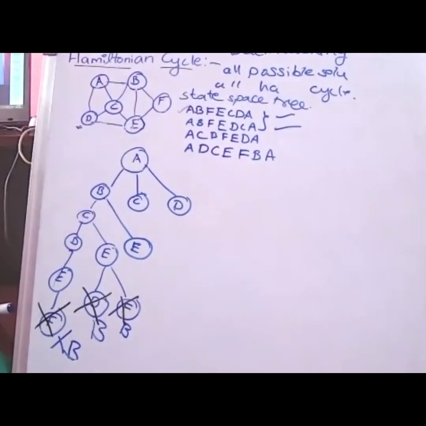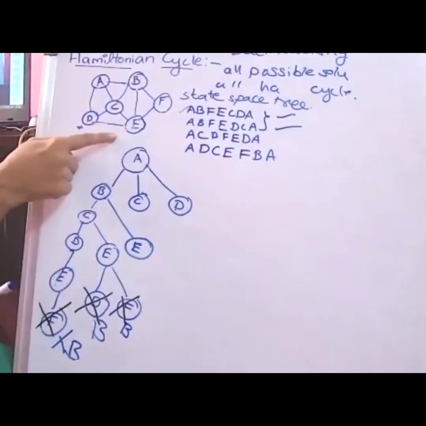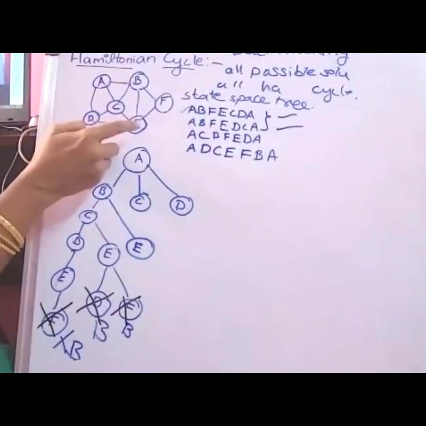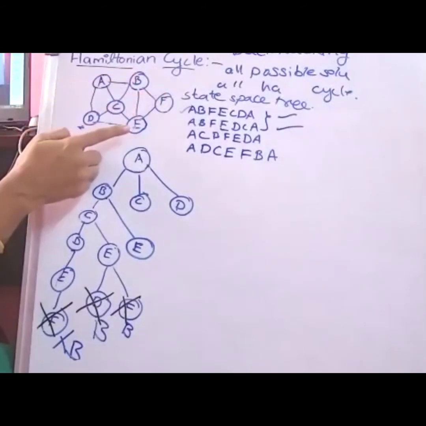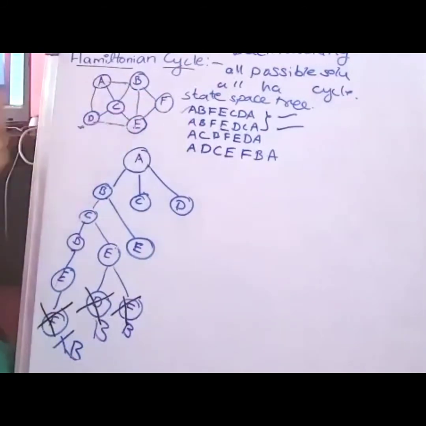A, B is covered. E is connected to B, C, D and F. B we already covered, so we need to try any of C, D or F.